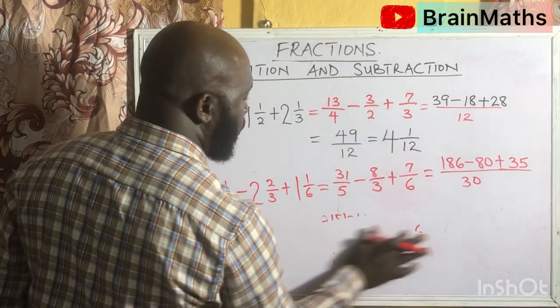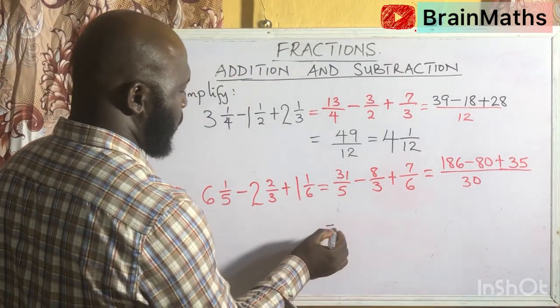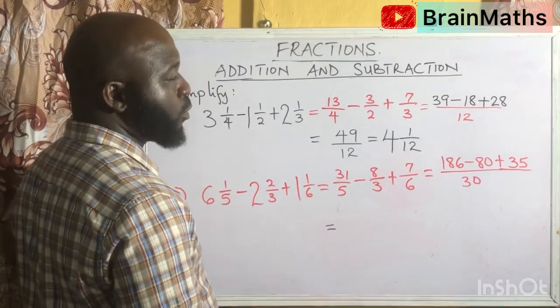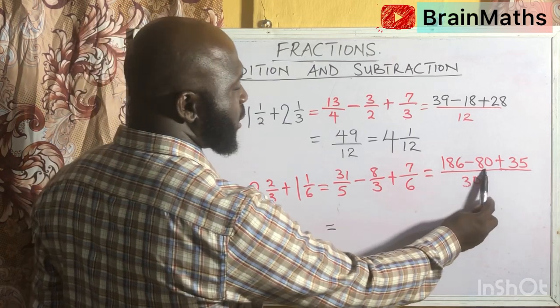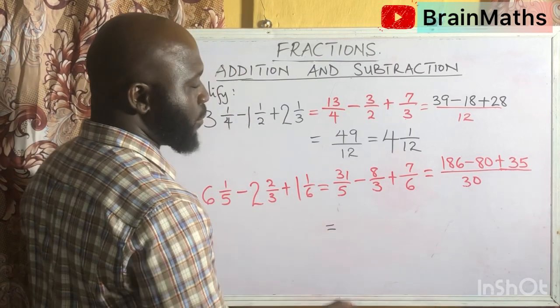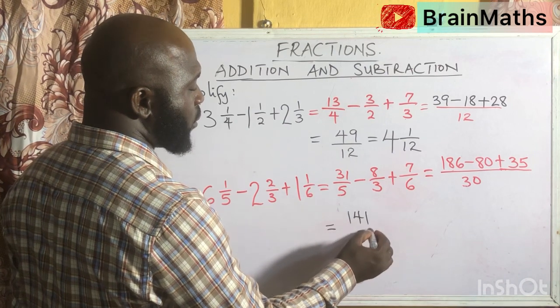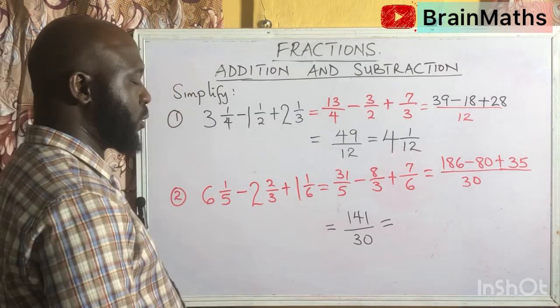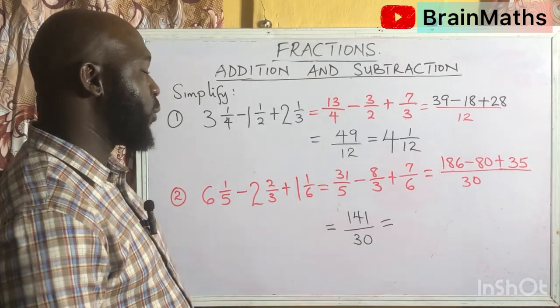So now we add the numbers and subtract. So we have 186 minus 80. That will give us 106. And 106 plus 35, we are going to have 141 over 30. No single number will divide 30 and 141.